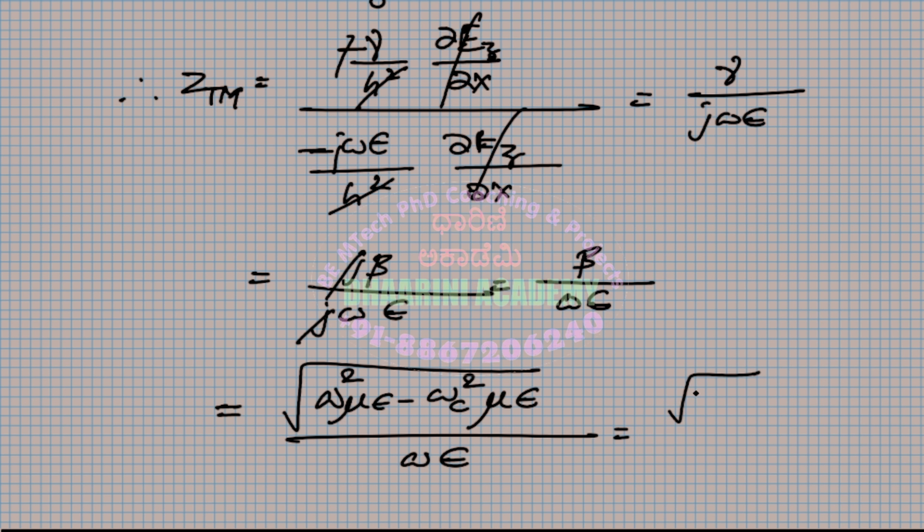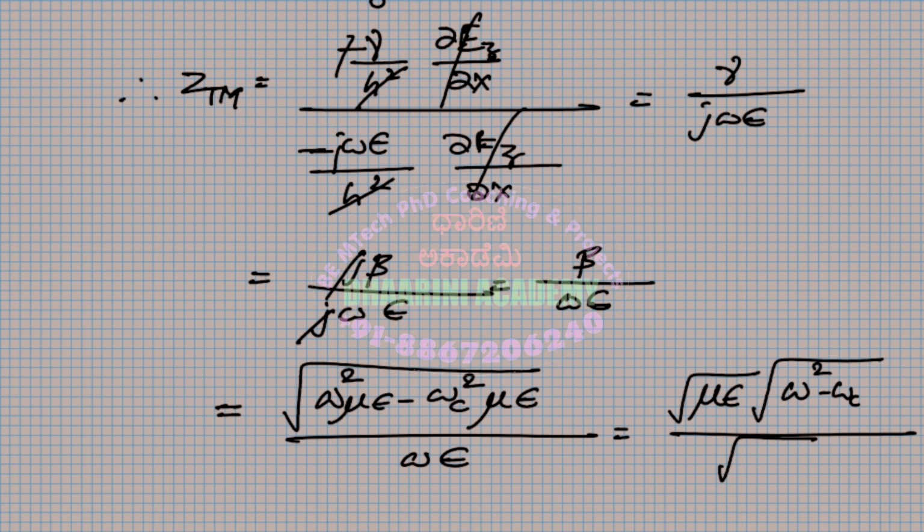So in the denominator I don't have a root, simply omega epsilon. So the numerator cancels and I'm going to get a root in the denominator. Oh, okay, I cannot cancel, right? Sorry, I made a mistake. Big mistake. Omega cannot be cancelled.